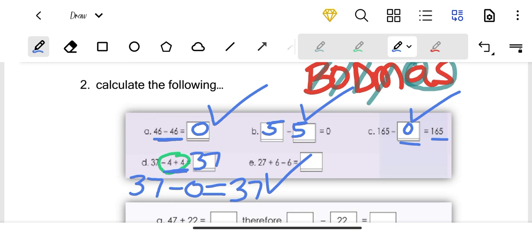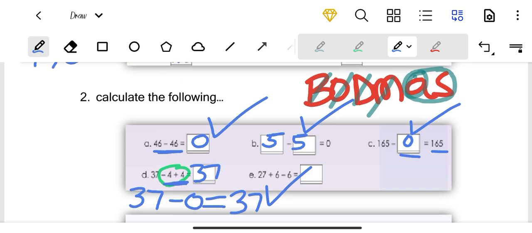E says 27 plus 6 minus 6. BODMAS, remember, we start off with brackets. We don't have of, we don't have division, multiplication. Addition, we do have it, we have that one. So we're going to say 27 plus 6 minus 6.